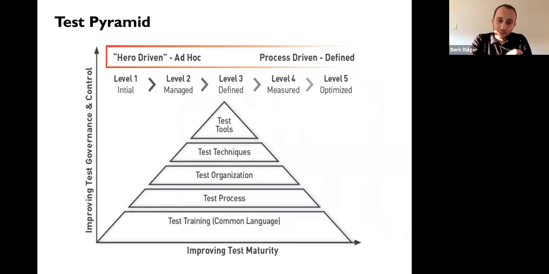This is the test maturity pyramid. You see there is a layer there, test techniques, but I would like to mention a little bit more about the test maturity pyramid. When you want to increase the maturity of a team, a company's testing level, you should first start with building a common language.